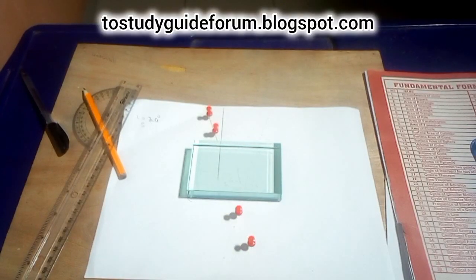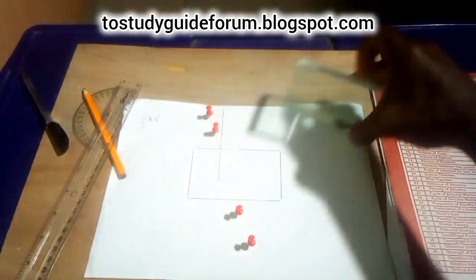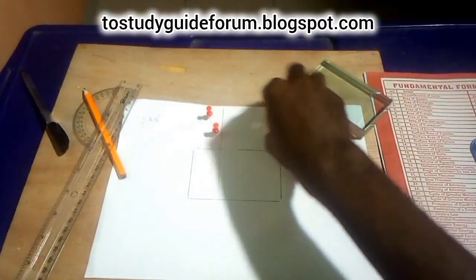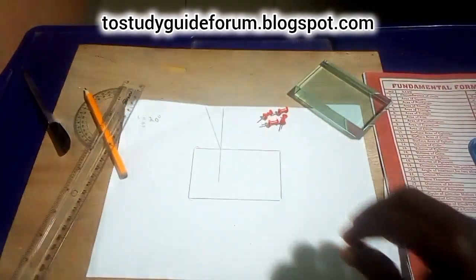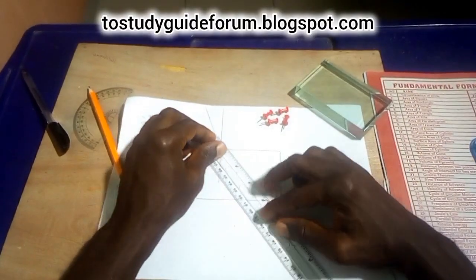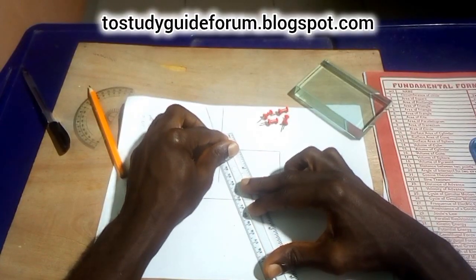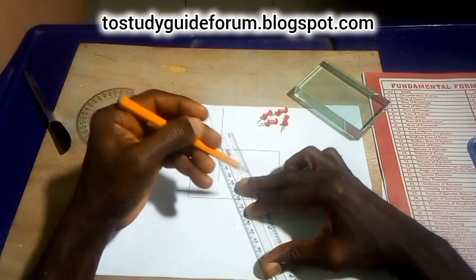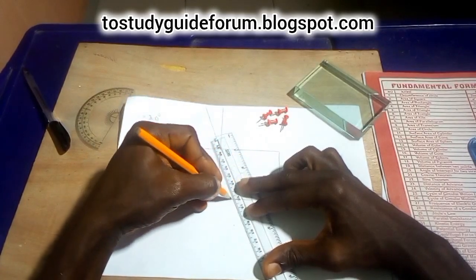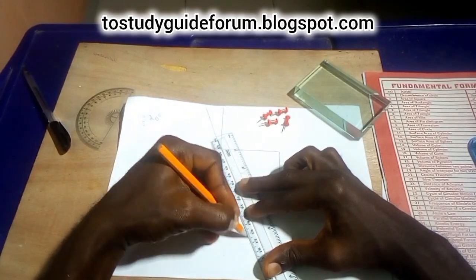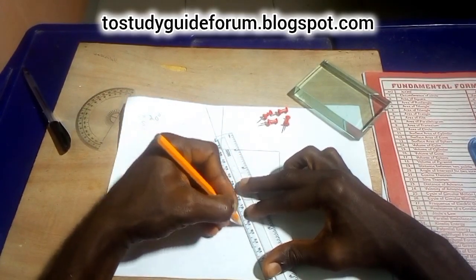So this is done. I'll remove the glass prism again, then join the lines. This is our emergent ray.